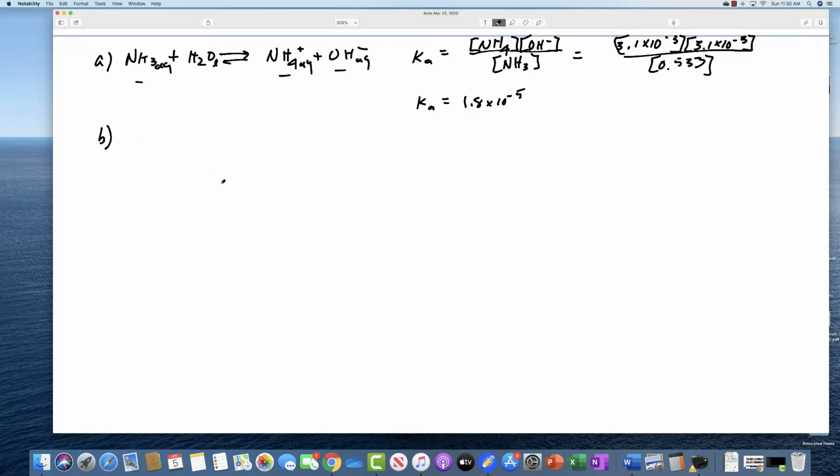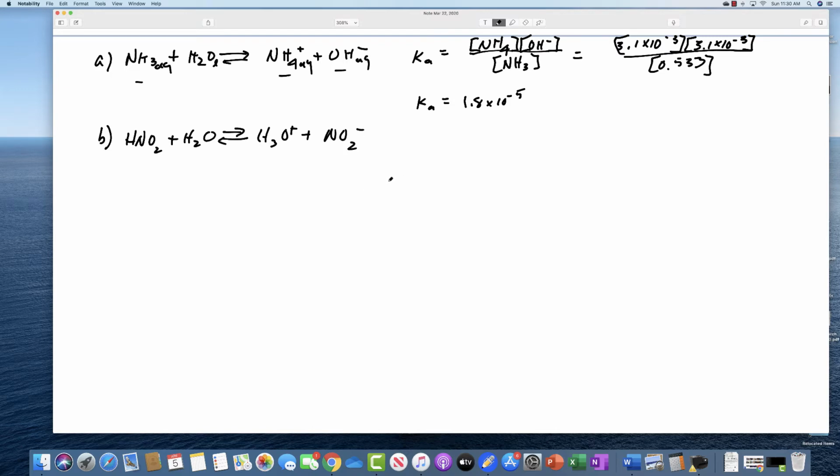The next one is HNO2, I believe it is, plus water, goes to form H3O plus NO2 minus.